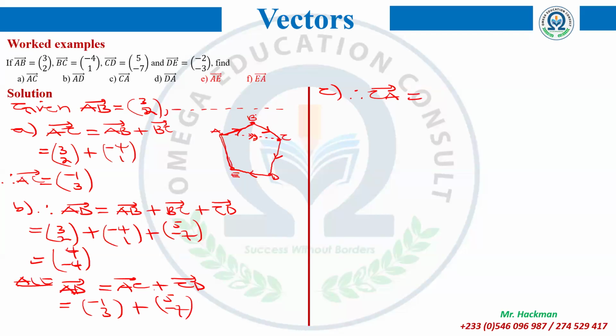Whichever direction or route that you take, you have to be very careful. So I am going to go for CB plus the vector BA. But do I know the vector CB?